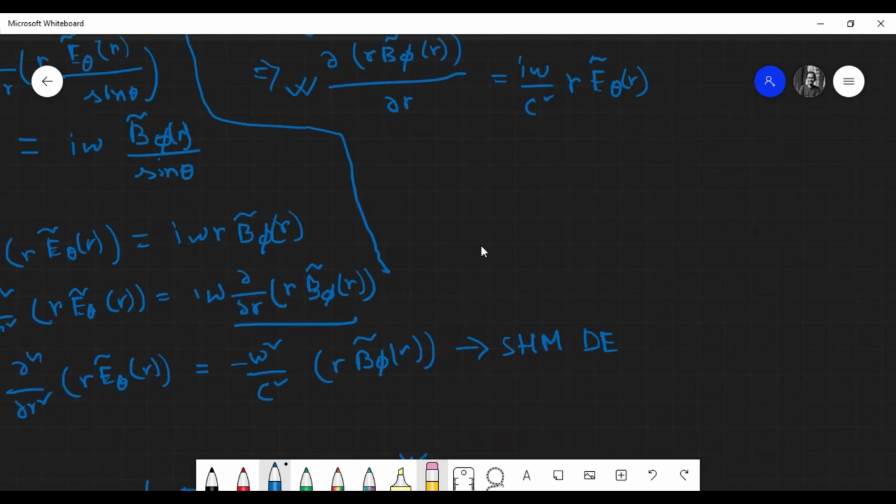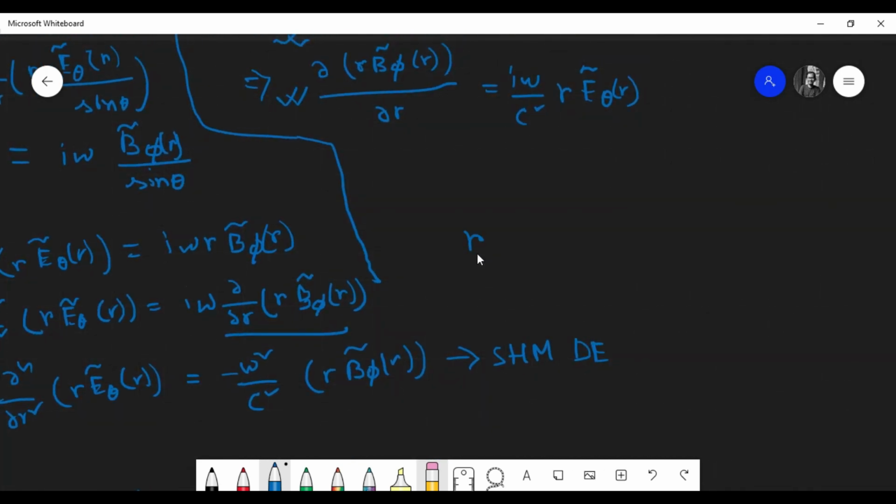The solution will be r E theta equals some arbitrary constant, let's say E_R, and another arbitrary constant. Now using this here, I will get the B phi form.